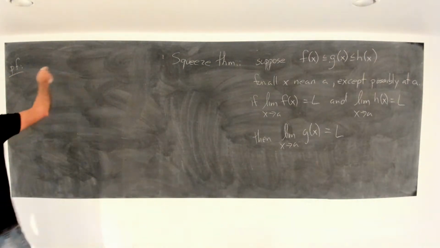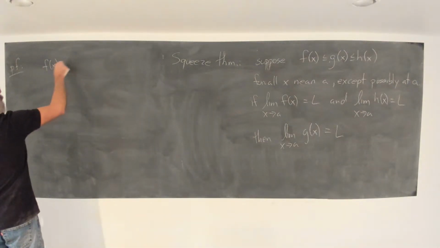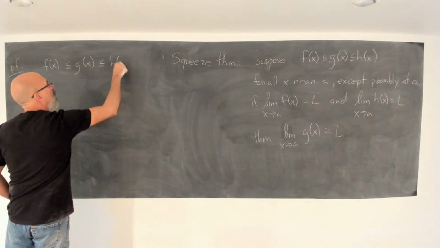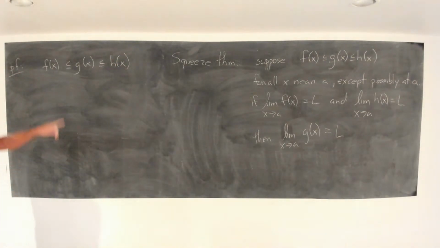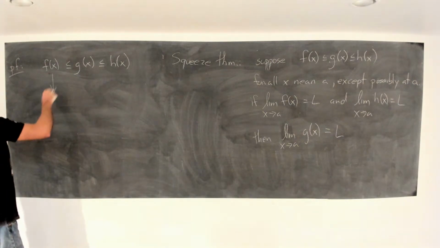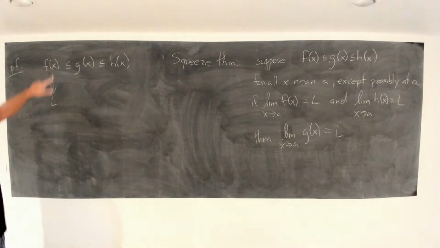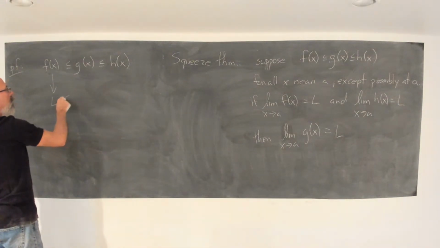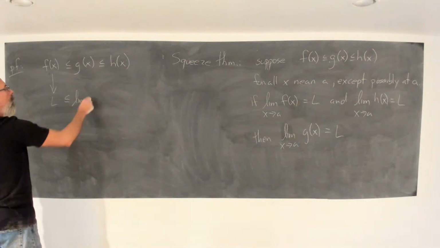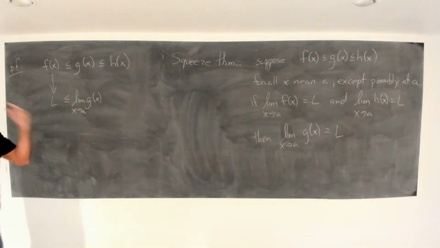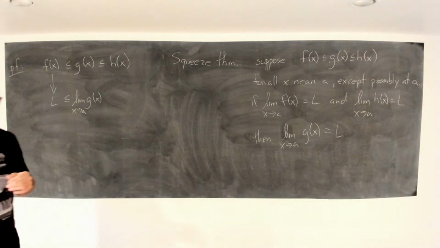I'm not going to prove it rigorously, but let me give you the idea here. We're saying that this limit is L. So this gets closer and closer to L. So whatever the limit for g is, it is going to be less than or equal to L, right? That's the previous claim.